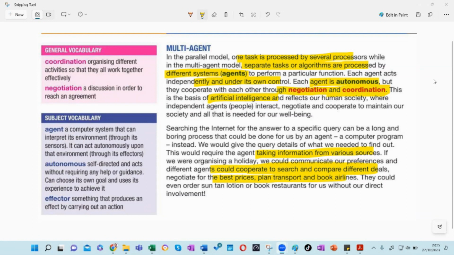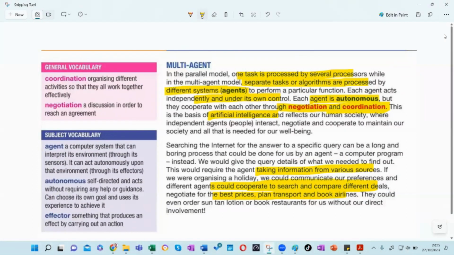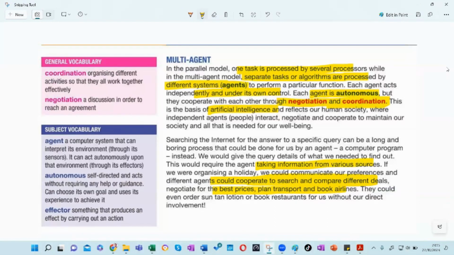Right, just a quick recap. We were talking about computational models, and there were three models: sequential, parallel, and multi-agent. Sequential was executing instructions one after the other in an order, and parallel was where the tasks were distributed among cores, several processes, but it was still within a single machine.